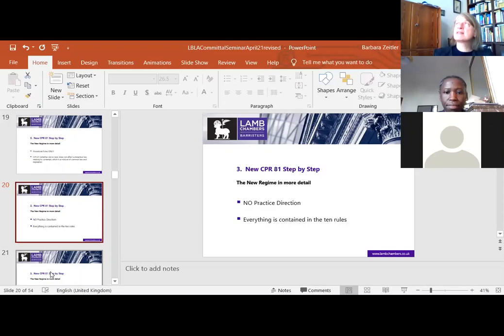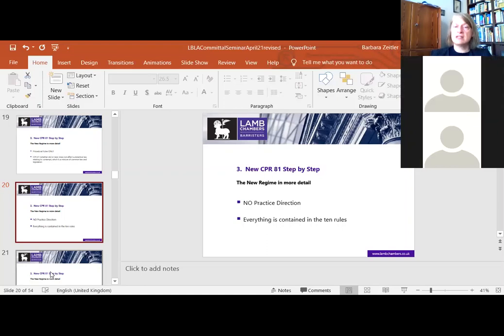One thing that's really completely new compared to the old regime is that, and Elizabeth has already highlighted that, there is no practice direction. Everything is contained in these 10 rules that we're about to look at in more detail.